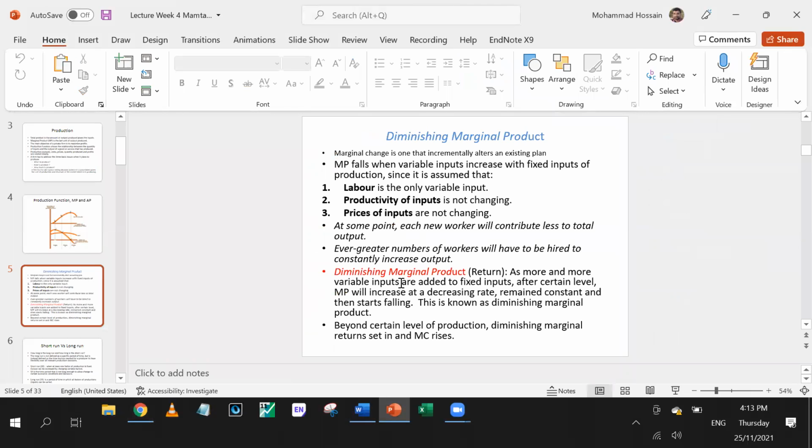Now the production output will depend on the number of labor, the productivity of the labor, and also the prices of inputs, which are not changing.